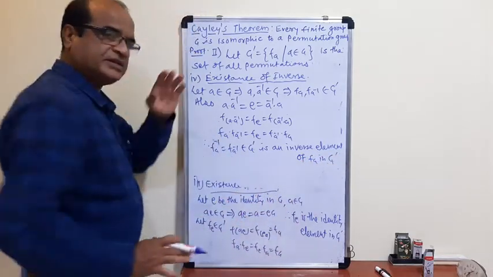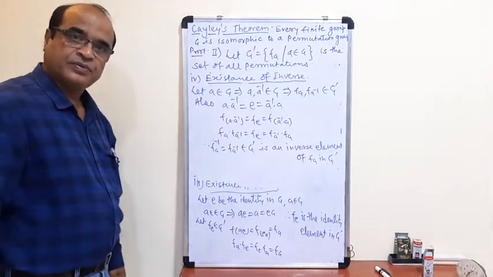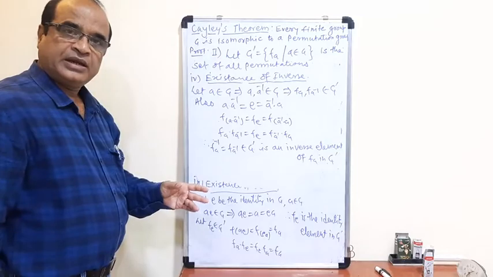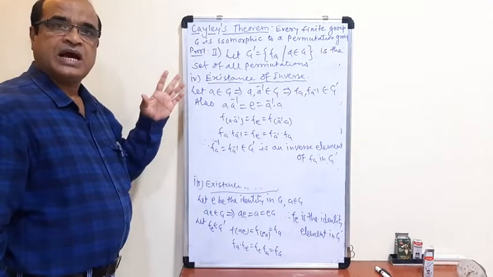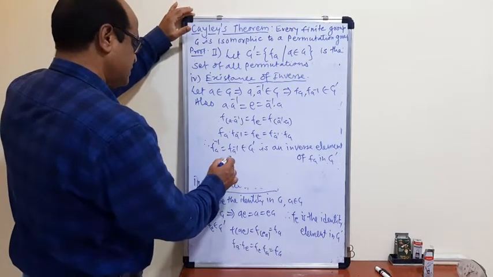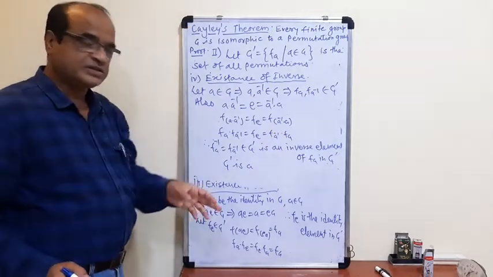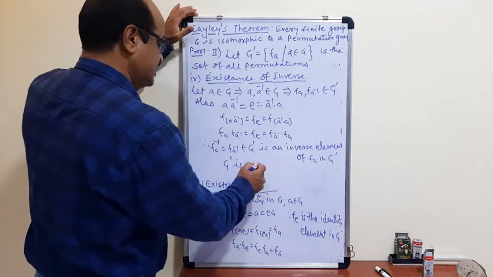G dash is a set of permutations. Therefore, all properties of a group, closure, associativity, existence of identity, and existence of inverse, hold. Therefore, G dash is a group, the set of all permutations.